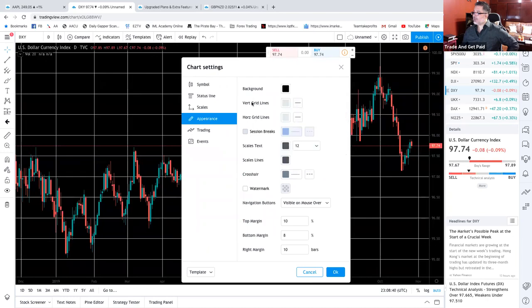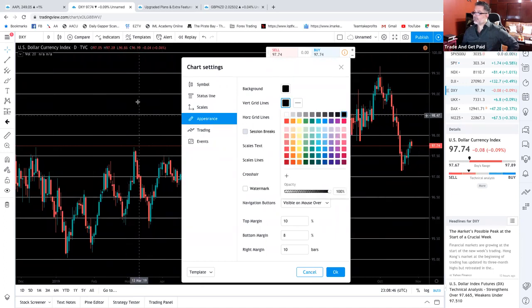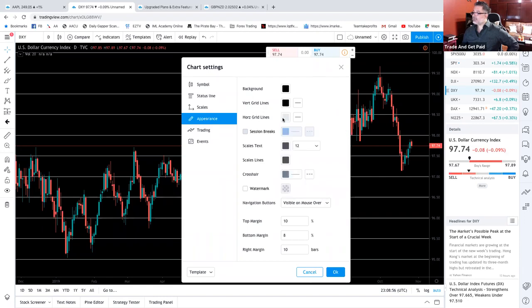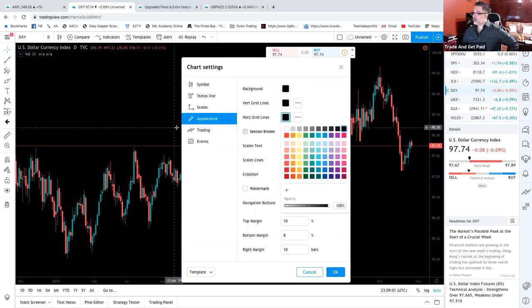Then the vertical lines, I don't want to see these lines, so I make them also black, and that way they disappear. The opacity has to be at 100, otherwise you will faintly see them in the background. All right. Horizontal lines, I also don't want to see them, so I make them black, and now they're gone.